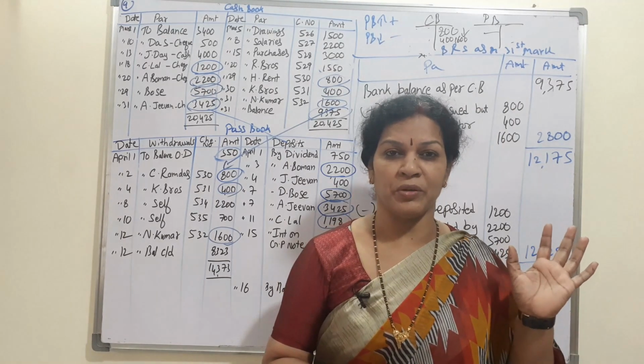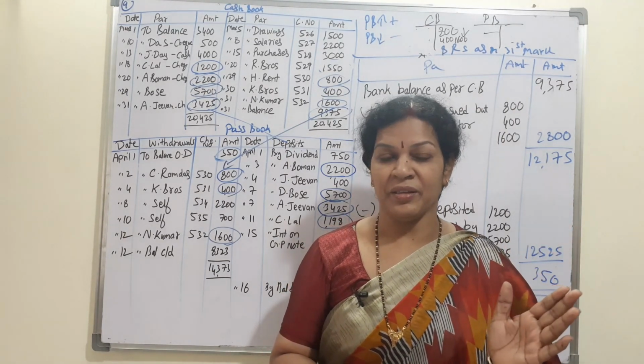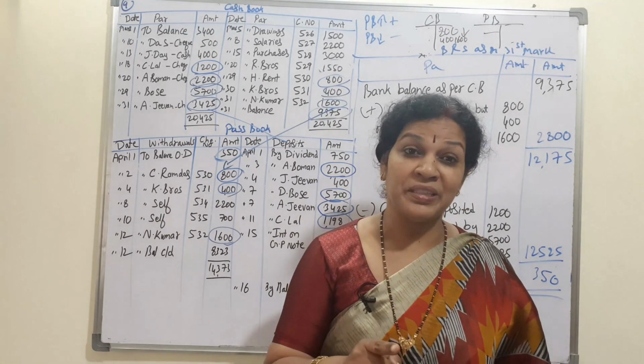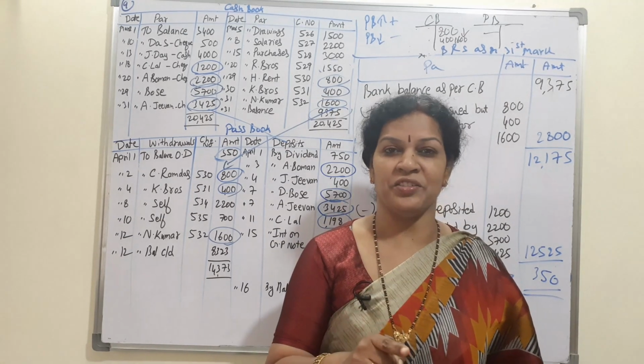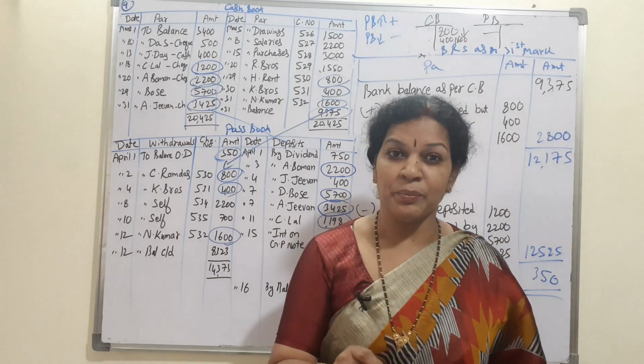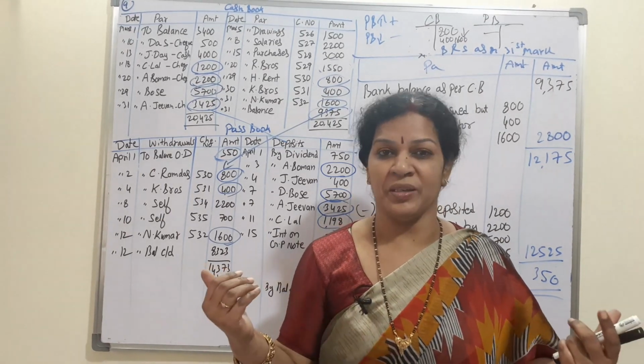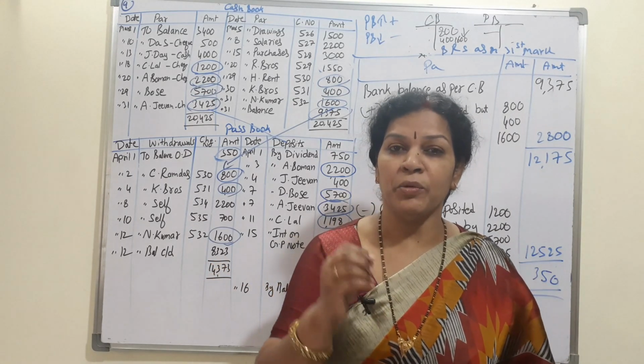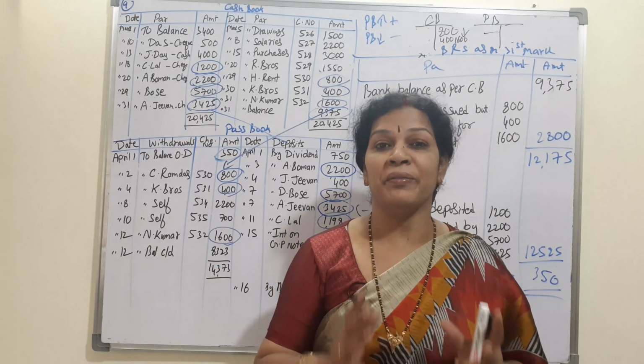A financial accounting book you can take. M. Khan, that is also a good book. Or as per your prescribed book from your class teacher, please take that book, work out the problems. Method is the same method. Take any problem, start working out. The more you work out, the more you'll become perfect.